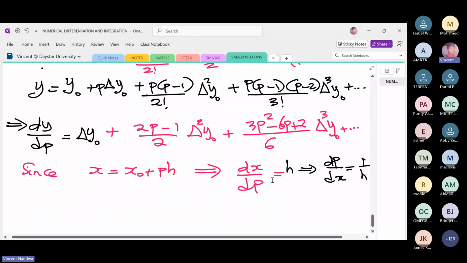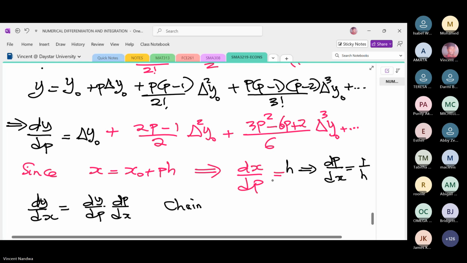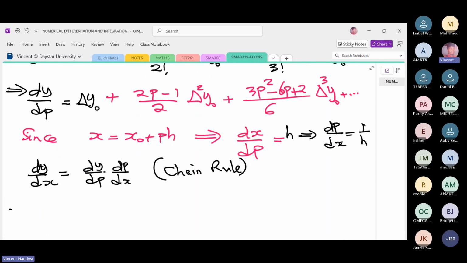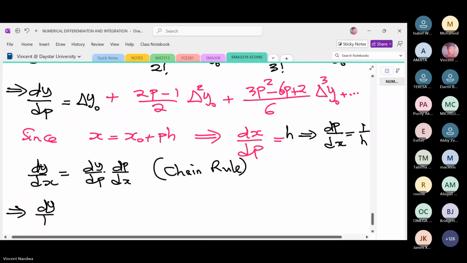So if you remember your calculus 1 work, if I want dy dx, I can write it as dy dp times dp dx. This is by chain rule. So dy dx is the same as dy dp, which is given here, but then dp dx is 1 over h. So this is 1 over h times dy dp.